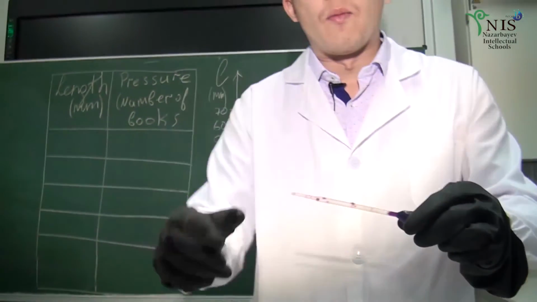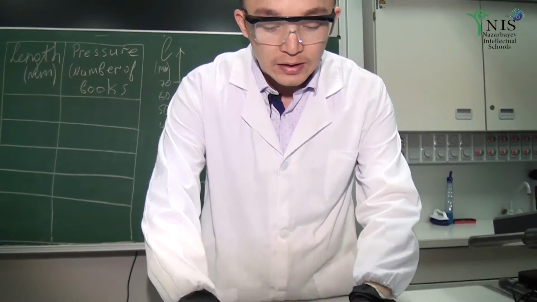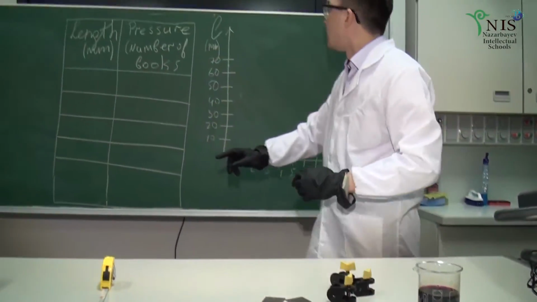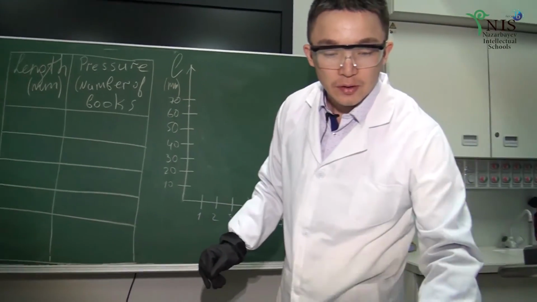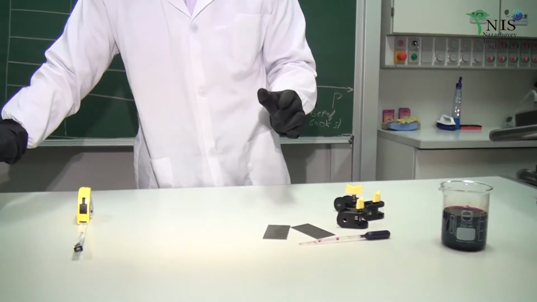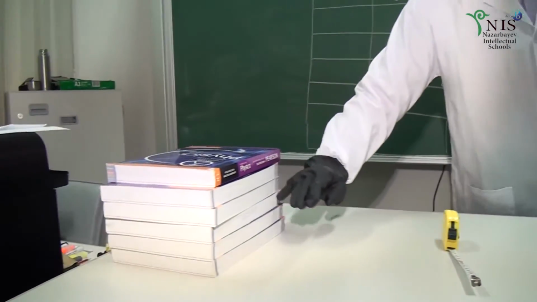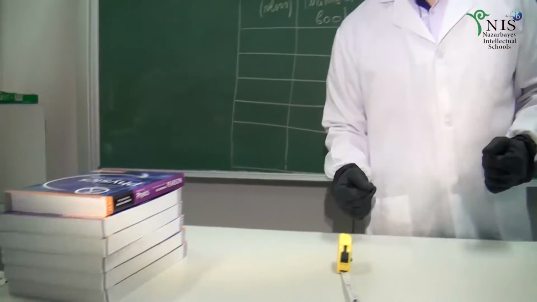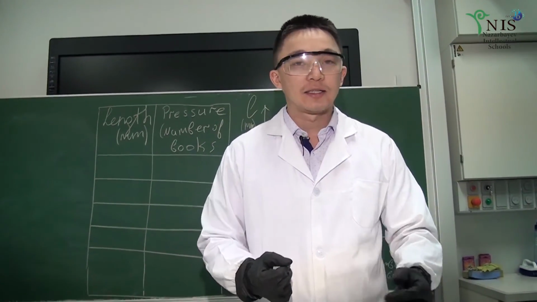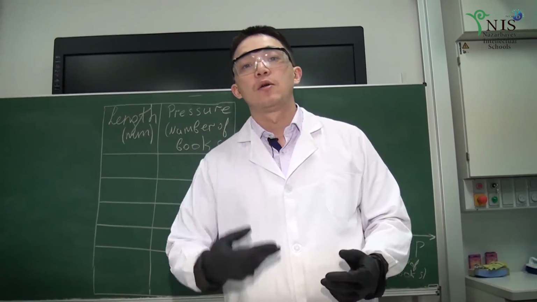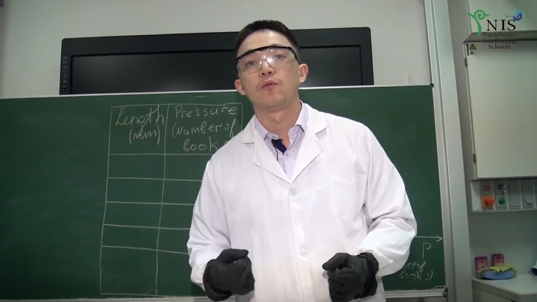So therefore my volume in this experiment will be measured in length, and pressure will be measured using a number of books. As you can see, this experiment is very simple, and students can understand the process itself, how pressure relates to volume.